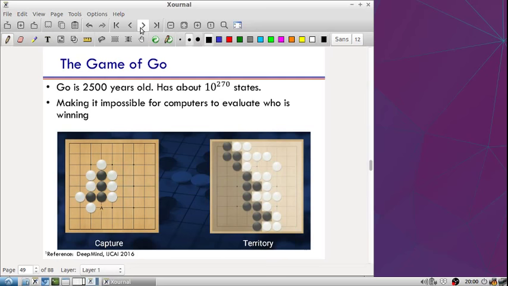Then you just measure whose territory is larger. Of course, in the game you will not let a player do this, just like in tic-tac-toe you will not let the player do a straight line. And if you surround stones, let's say white stones, then that territory is also yours. The white player has lost his stones.